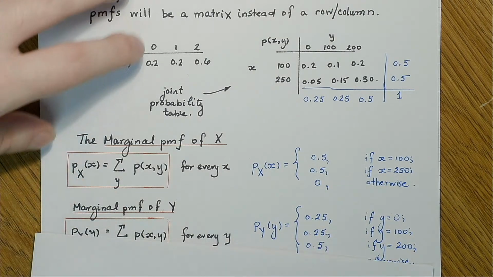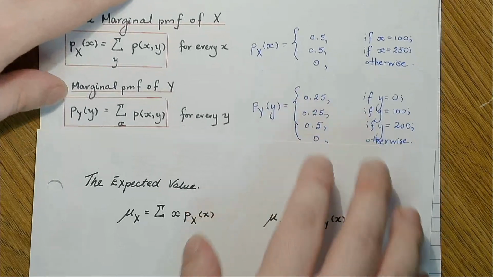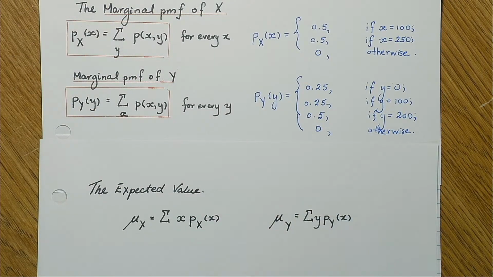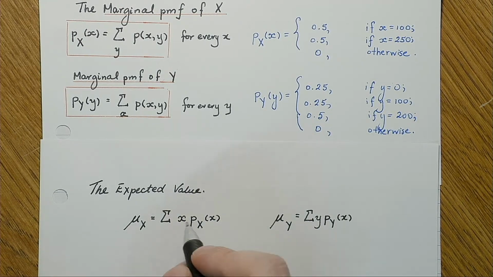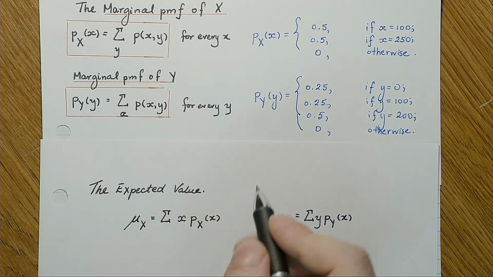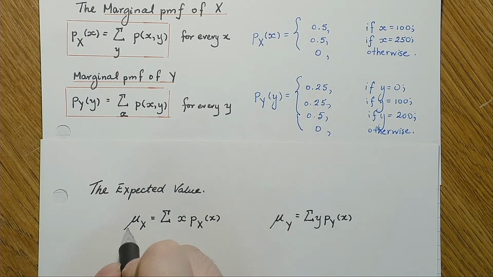What we can do then is calculate the expected value of this. To calculate that, I need to use my marginal function. So this is the expected value of x, and this is the expected value of y.